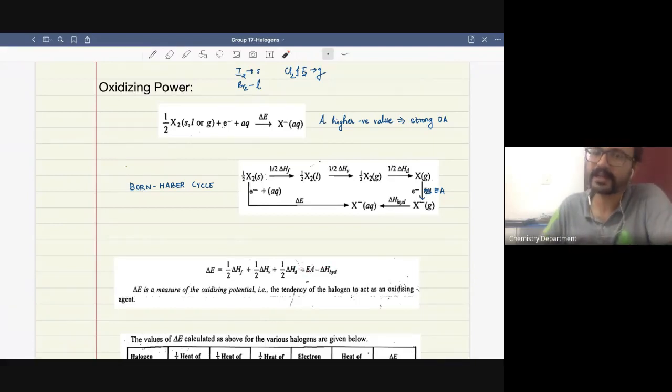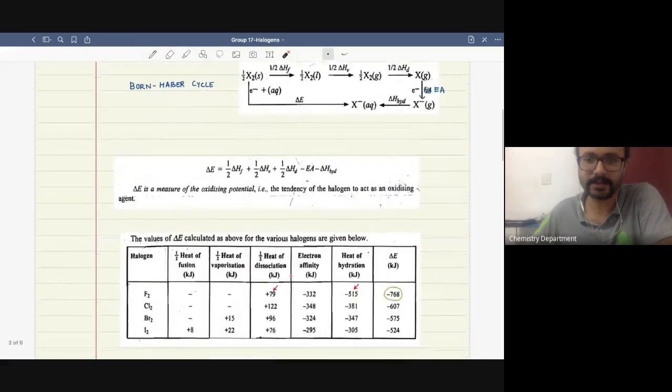So automatically the plus sign would be converted into minus. So even if you write positive, it is perfectly fine, because ultimately when you put the values here, it will automatically become negative. Okay, so delta E can be obtained easily by adding all these values. Okay, so that is what it is being done in this particular table here.